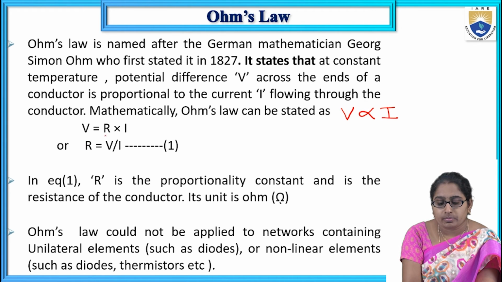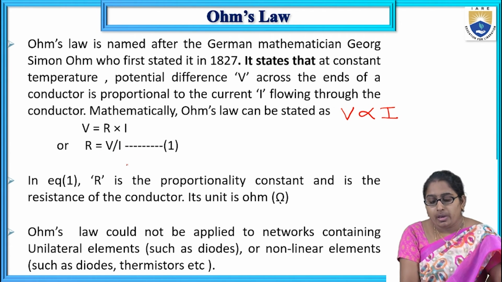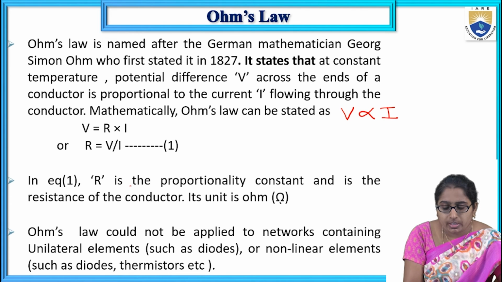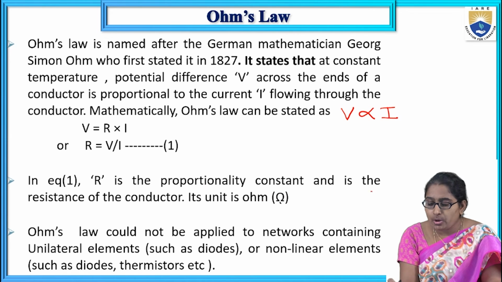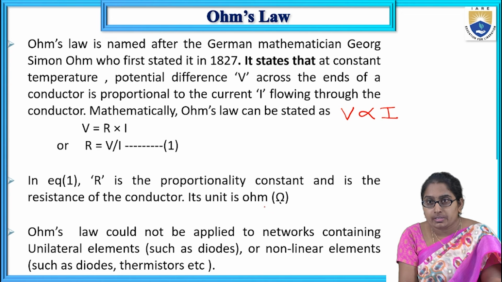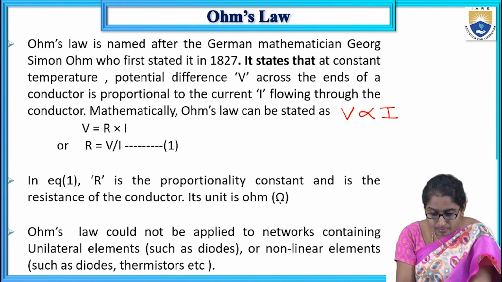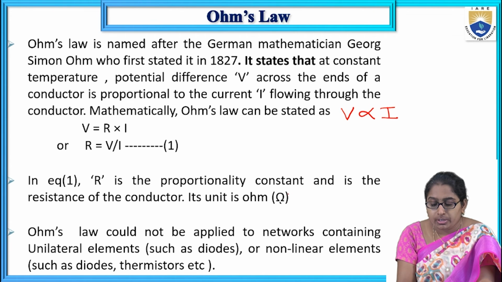From above, it is written as R equal to V by I. In equation 1, R is a proportionality constant and is the resistance of the conductor, and its units are ohms, denoted with the letter omega.